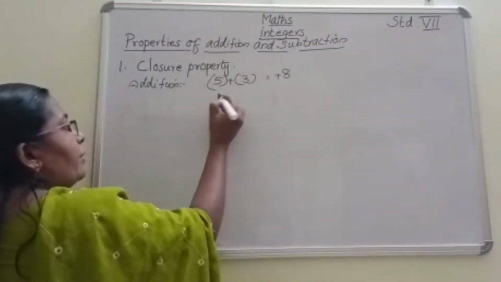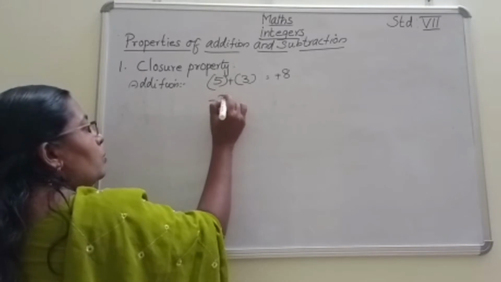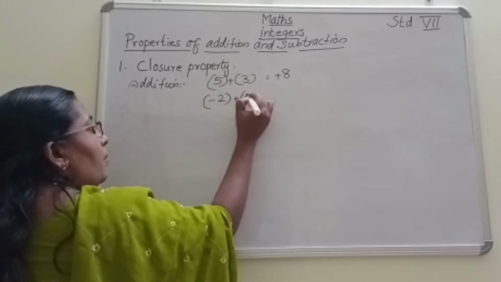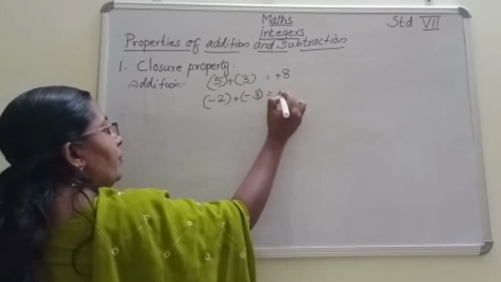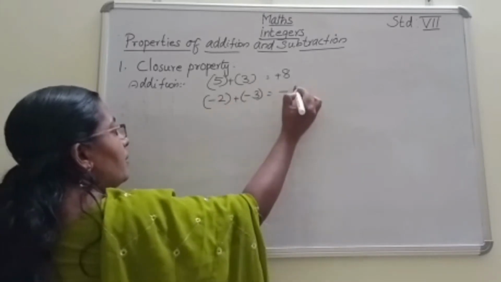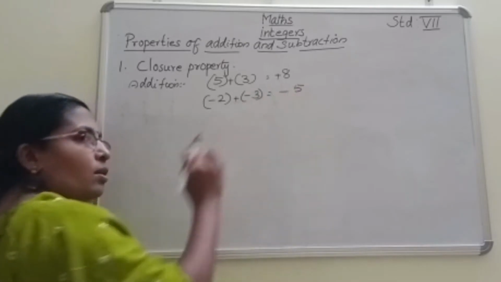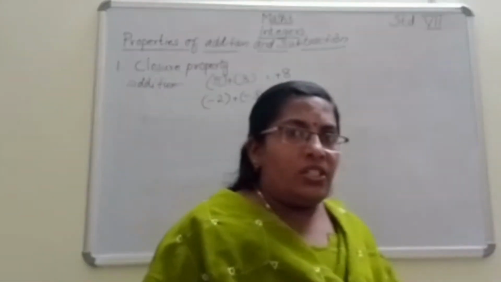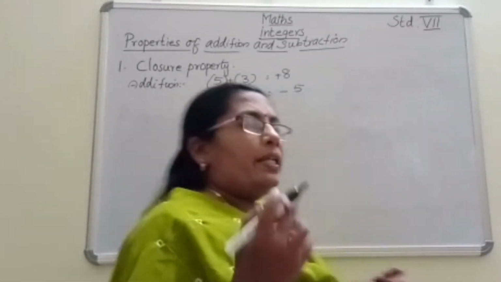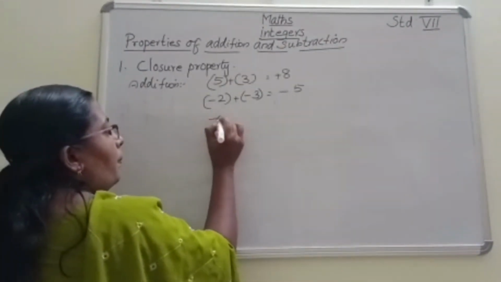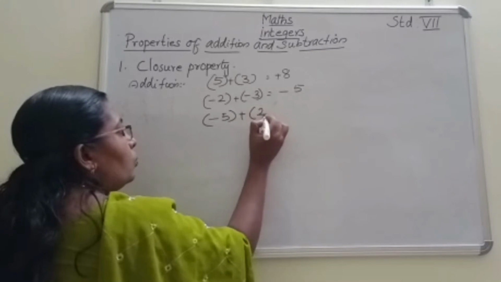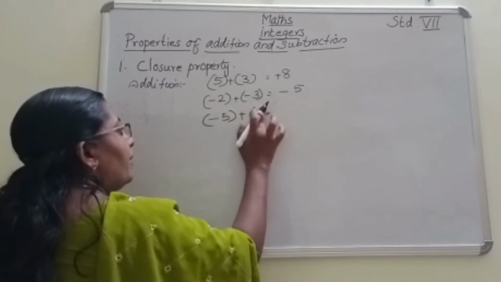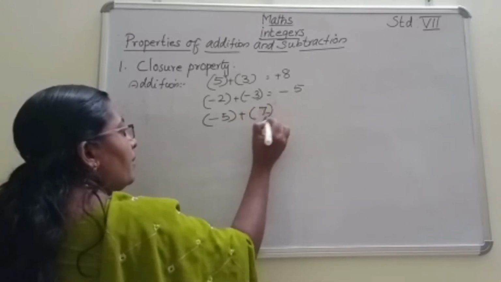Then take two negatives, -2 plus -3. What is the answer? Negative sign, add the numbers, 5. This is also an integer. Then next one is -5 plus 7.